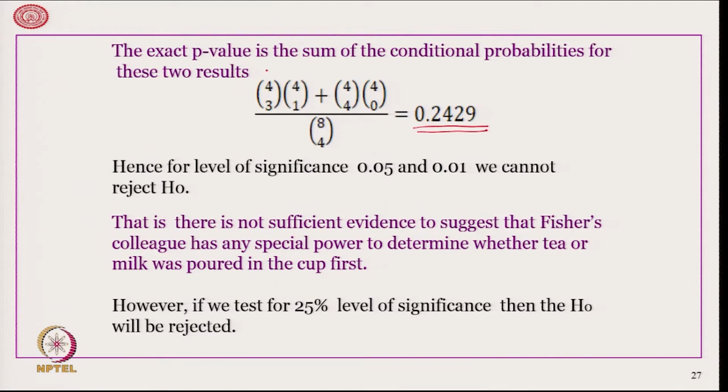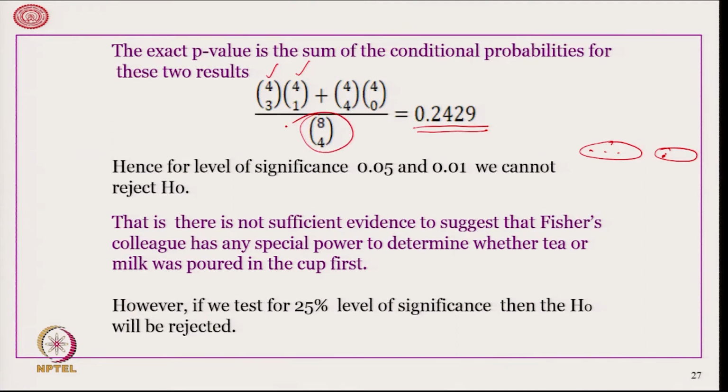0.2429, because for the first one it is 4 C 3 multiplied by 4 C 1. Out of these 4, she could correctly guess 3, that is 4 C 3. Out of these 4, she could guess only for 1, that is 4 C 1, and for the extreme one it is going to be 4 C 4 multiplied by 4 C 0, and of course, the total number of possibilities is 8 C 4.